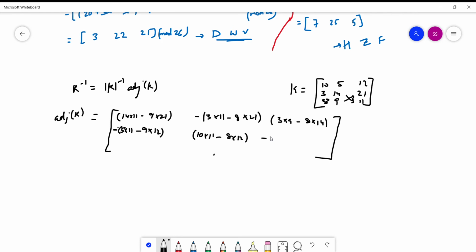And this one will be negative, whose value is 10 into 9 minus 8 into 5. Okay, for 8 the value is 5 into 21 minus 14 into 12.